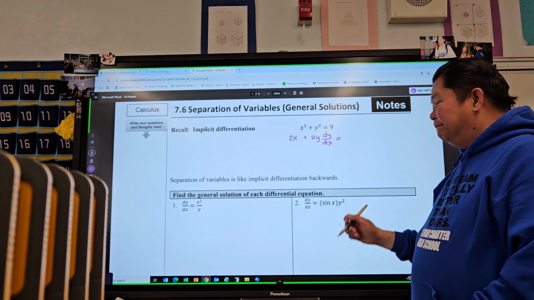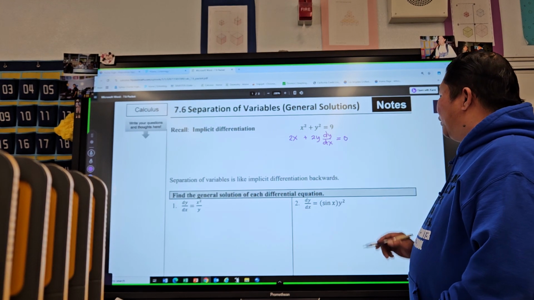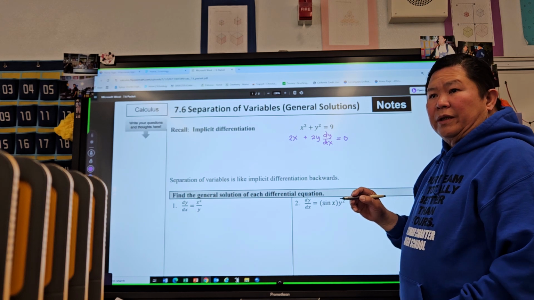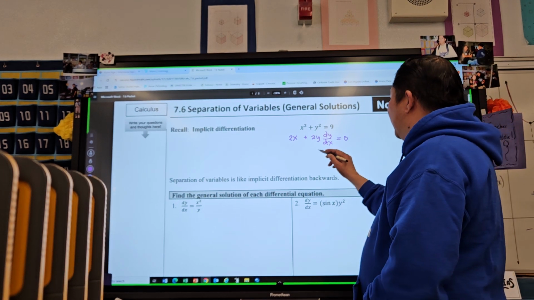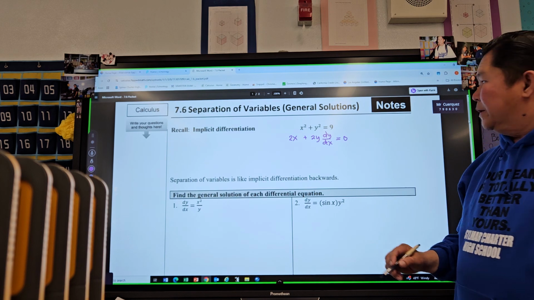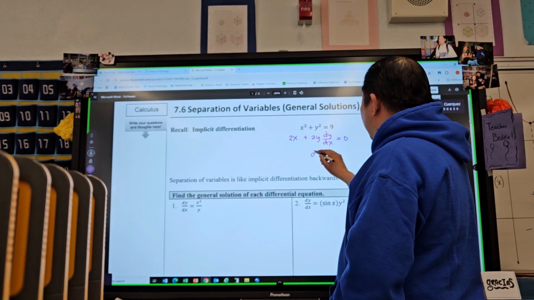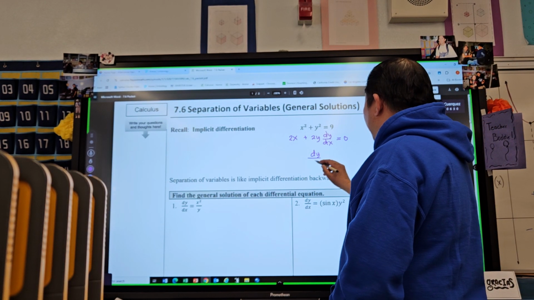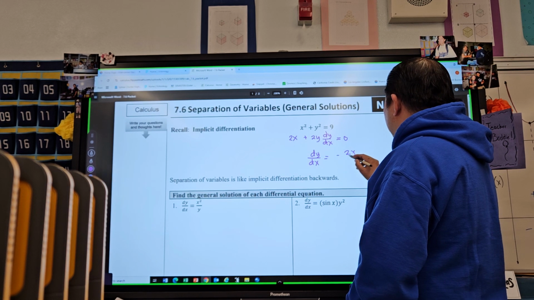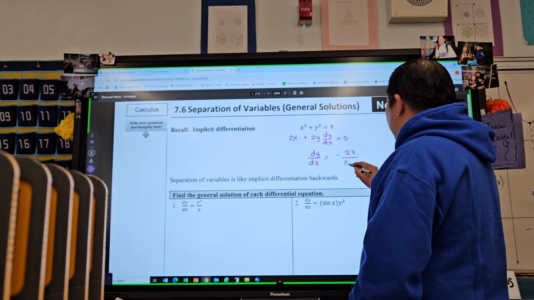Okay, so which means what to do with this 2x, move this to the right side, and then the 2y is the divisor. So therefore we can say dy dx is equal to negative 2x over 2y.